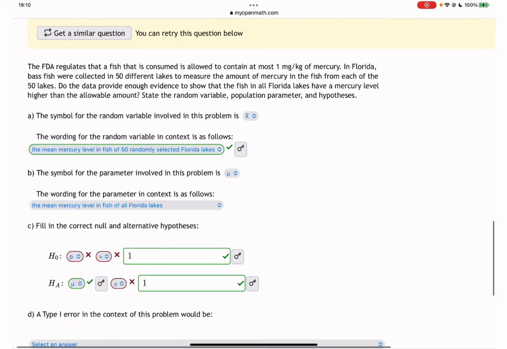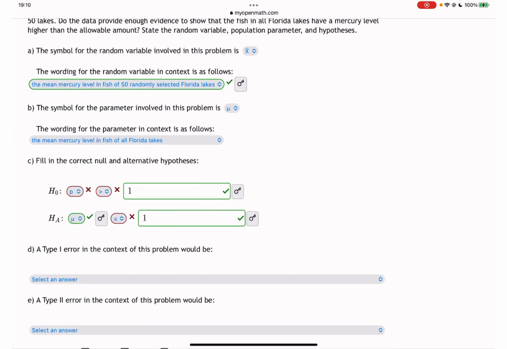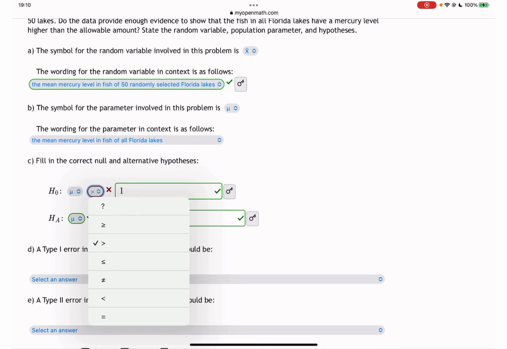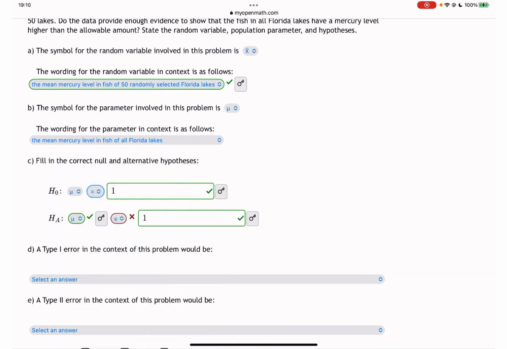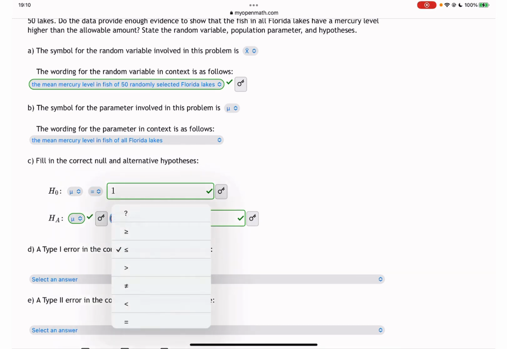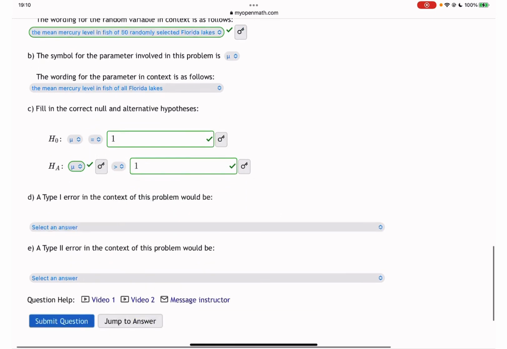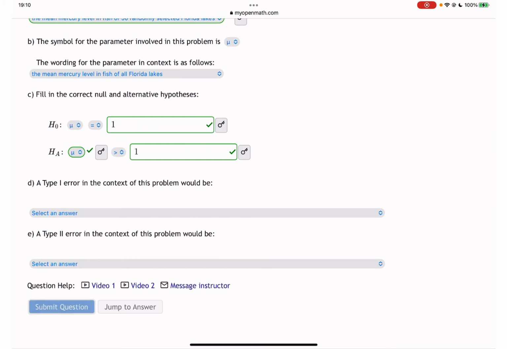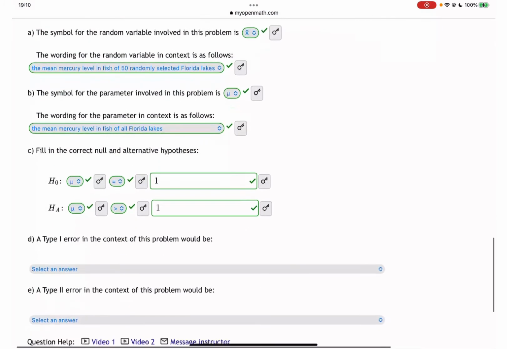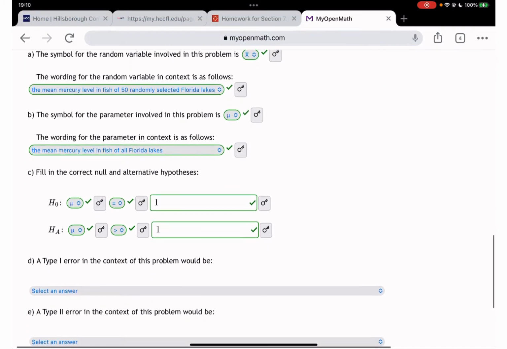This is not working. This is also mu. Something is wrong this time, we are putting equal, and this is supposed to be greater. Why is it messing up like this? Now this, okay, this is good.